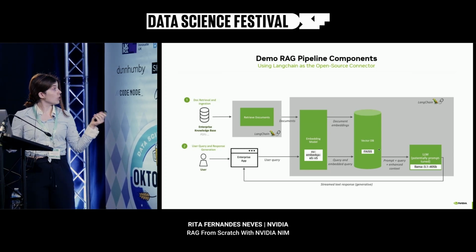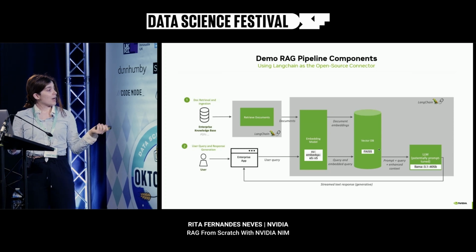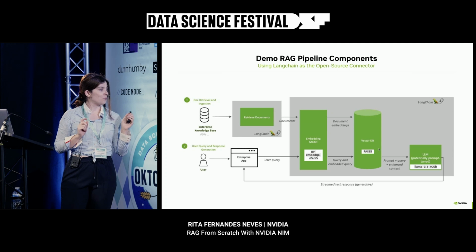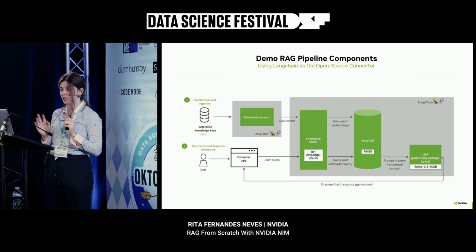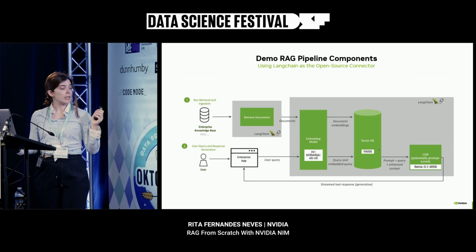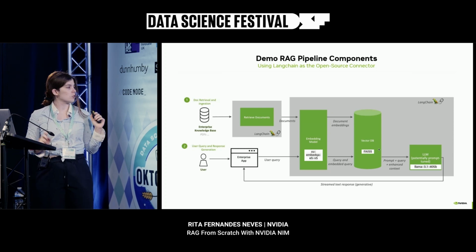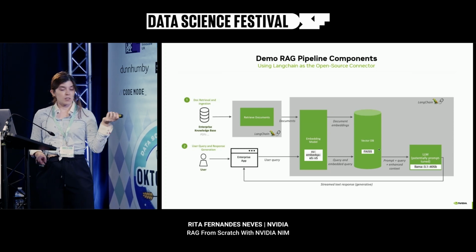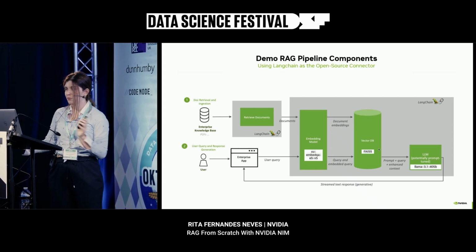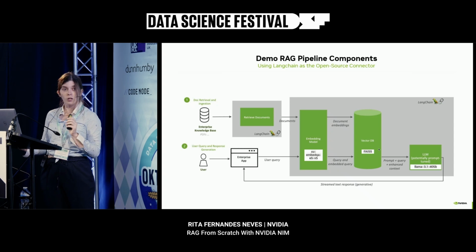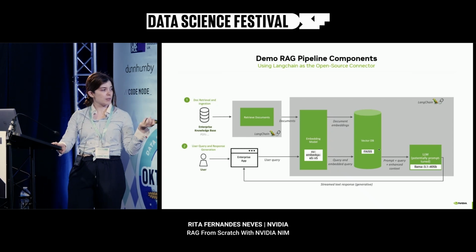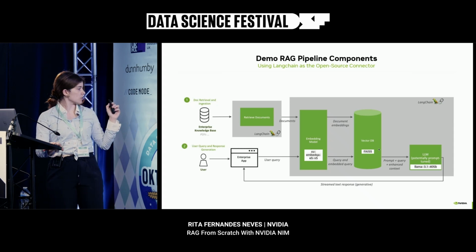Then we're going to embed those chunks using this model, which is the NV-Embed-QA-E5-V5, which is an adaptation of the E5 large unsupervised model that I believe comes from Microsoft Research. We are going to use FAISS, the vector database, but you can use Elasticsearch, Milvus, whatever vector database. They're all integrated with NVIDIA. And finally, I'm going to use Llama 3.1 405 billion.